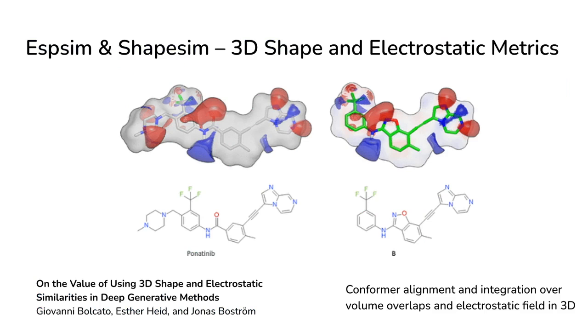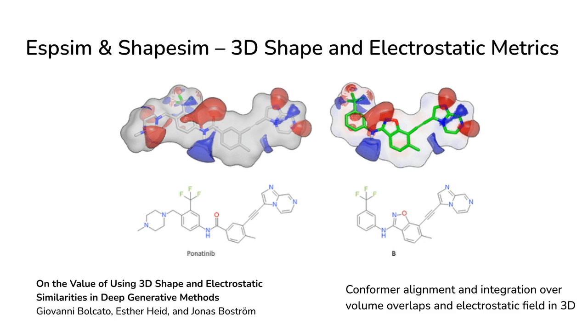And to answer the question, what tools are used behind the 3D shape and electrostatic similarity, we are using SPSIM and ShapeSIM metrics from this paper on the value of using 3D shape and electrostatic similarities, which work by sampling conformers of molecules and then integrating over the volume overlaps and electrostatic fields.